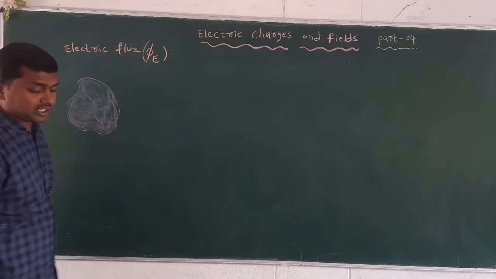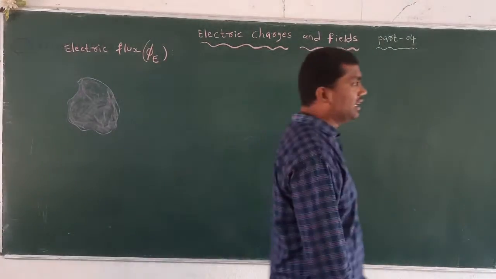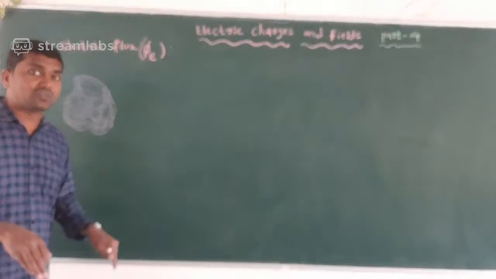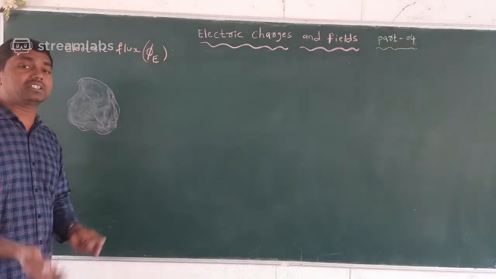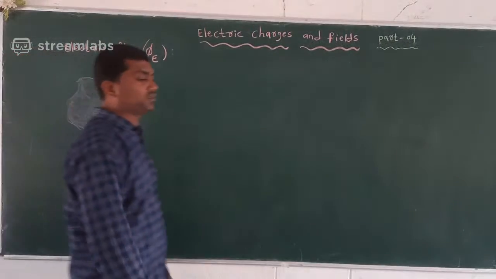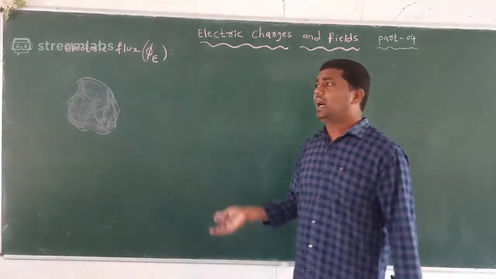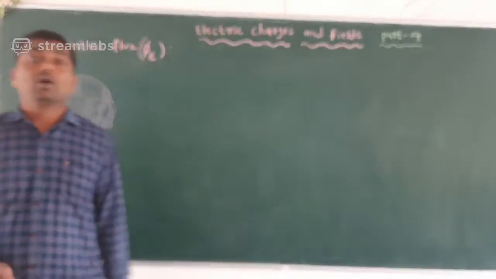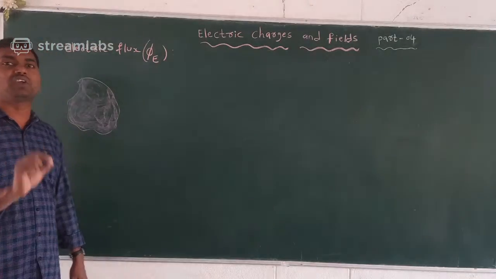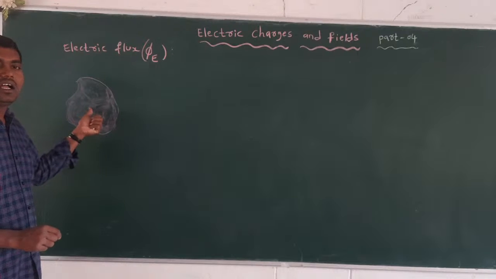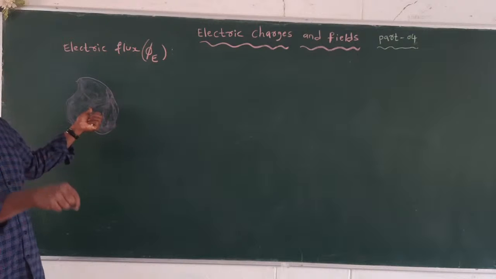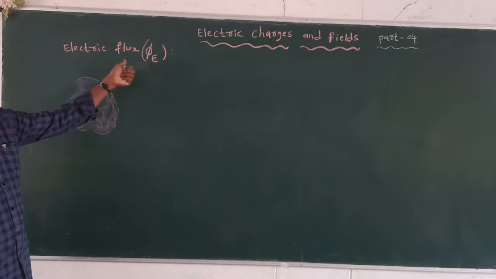When we draw the electric field lines in a plane, a closed surface, or any shape and size of object, and the electric field lines pass through the surface normal, perpendicular to the surface, it is called electric flux.